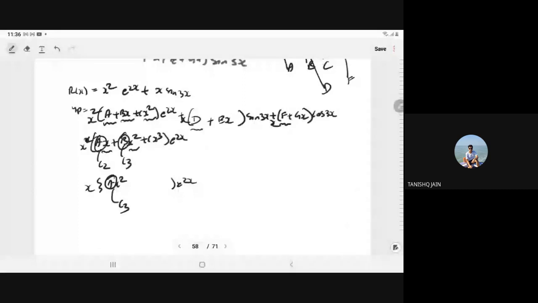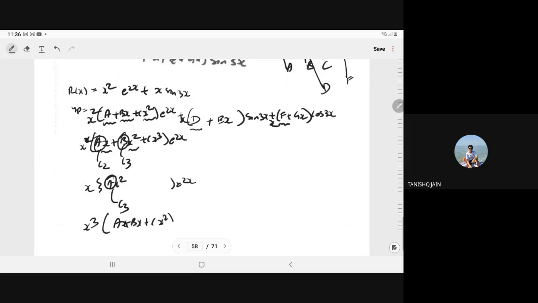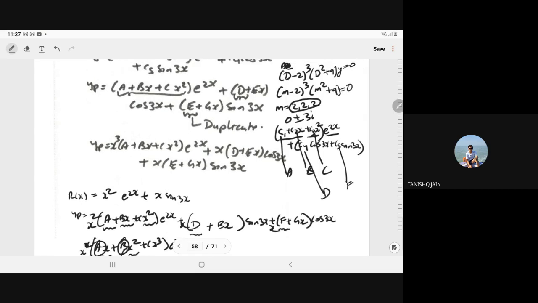That will become x cube (a plus bx plus cx square) e to power 2x plus x (d plus ex) sin 3x plus x (f plus gx) cos 3x. So that is what we have taken. Now you have to compute the values of a, b, c, d, e, f, g.